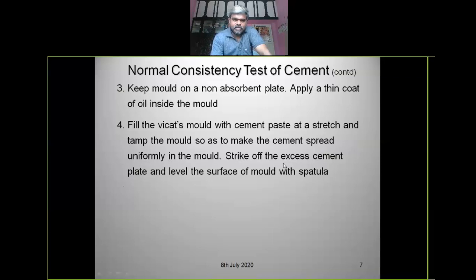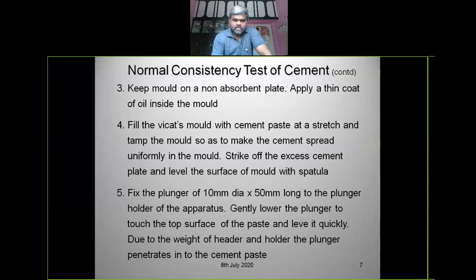Strike off the excess cement paste and level the surface of the mold with a spatula, it is a knife, and fix the plunger of 10 mm diameter and 50 mm length to the plunger holder of the apparatus. Gently lower the plunger to touch the top surface of the paste and release it quickly.